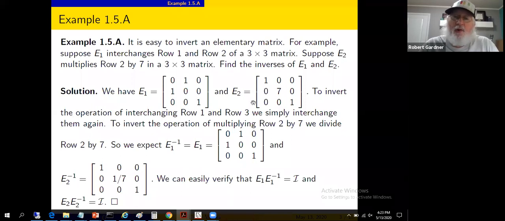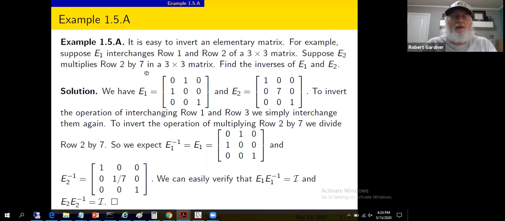And so we're good to go with a 0, 1, 0 in the product. Indeed, this checks by multiplying that these are actually the inverses. So it's a total piece of cake just to look at an elementary matrix and see how to undo it, how to find its inverse matrix, I should say.